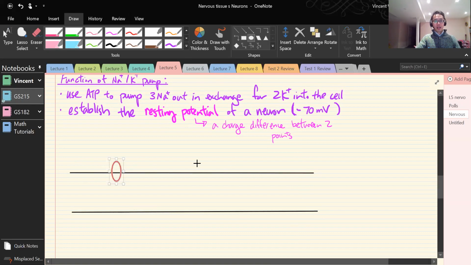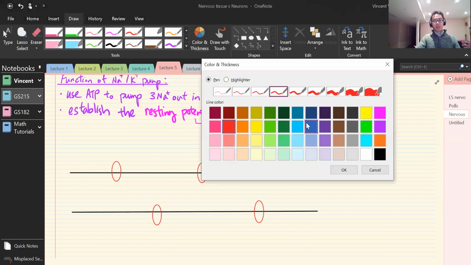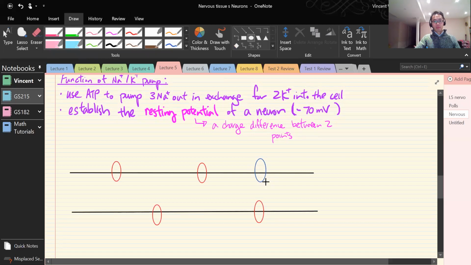We have the sodium channels, and then we have the potassium channels. Now I'm not going to draw the sodium potassium pump anymore, so that it's not too confusing. So there are the potassium channels.